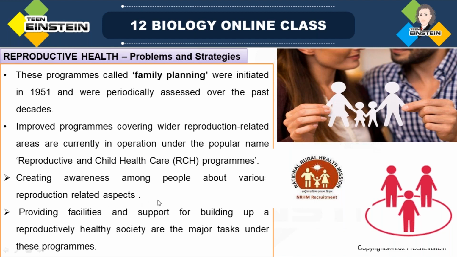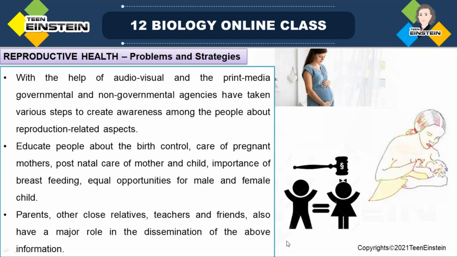They create awareness among people about various reproduction related aspects, and provide facilities and support for building up a reproductively healthy society. And there are so many major tasks under this program. Okay, we'll learn in detail.